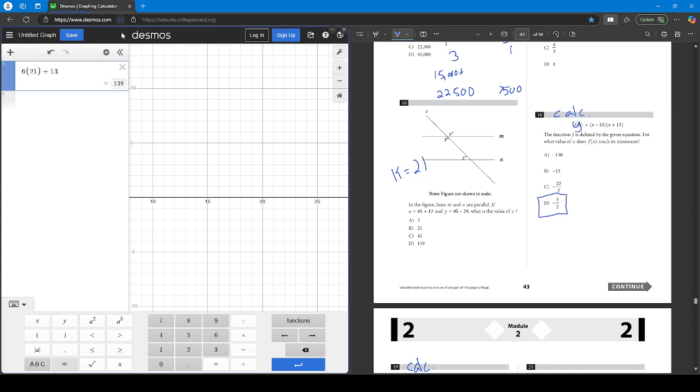So those angles are 139. Makes sense because they look obtuse. So both of those angles are 139, and we've got parallel lines cut by a transversal, which means that angle y plus angle z has to add up to 180. So 180 minus 139 leaves us 41 degrees for angle z, which is the correct answer.